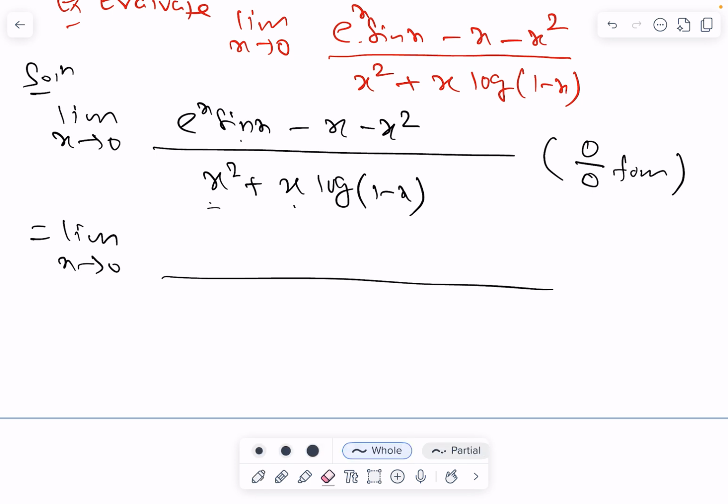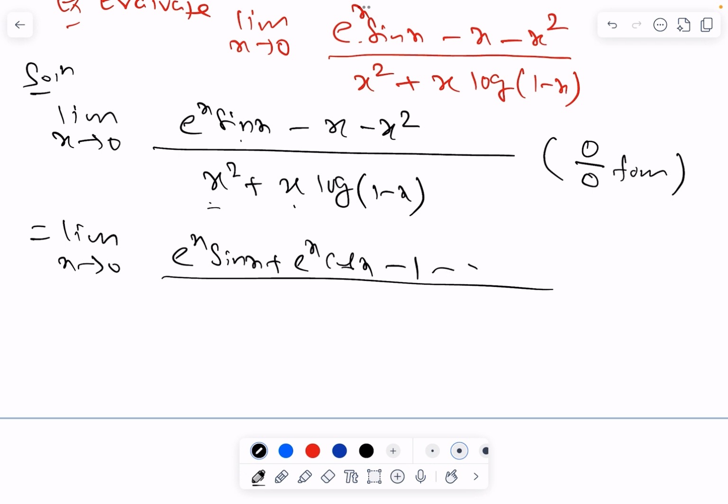So here the derivative of e power x into sin x, product rule we need to apply. So e power x derivative e power x sin x as it is, plus e power x as it is, derivative of sin x is cosine x. Derivative of x is 1, derivative of x square 2x.